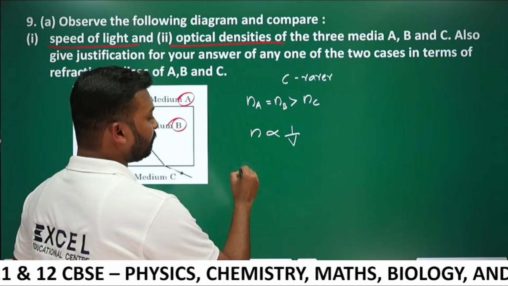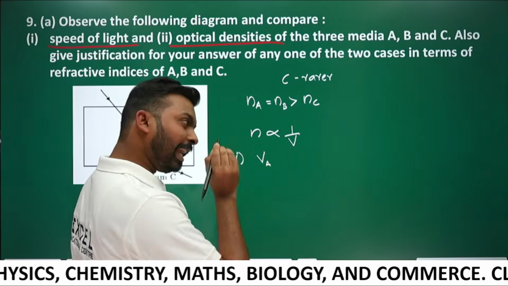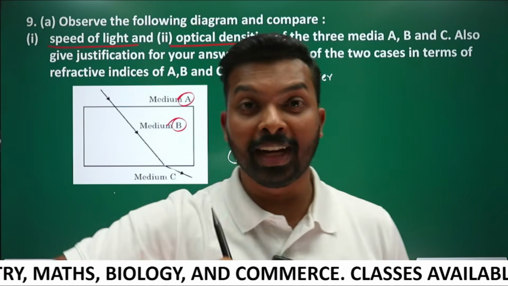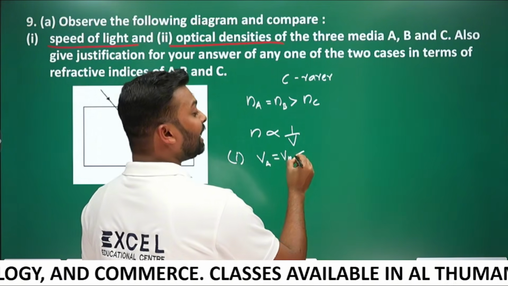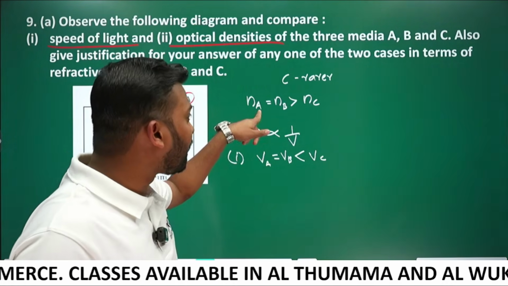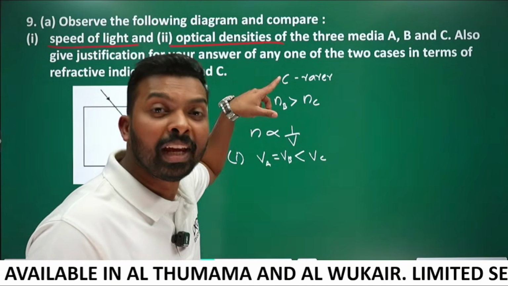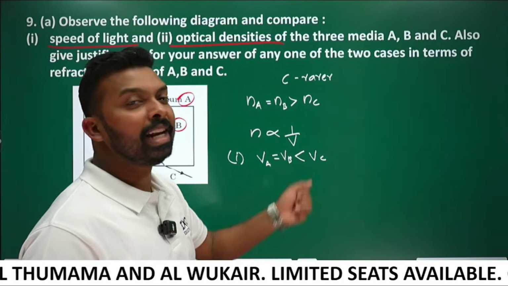So the first answer is VA equal to VB, which is less than VC. Why? Because the refractive index is greater for A and B, so their speed of light has to be less, clear?